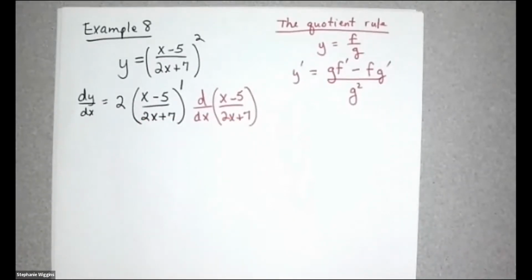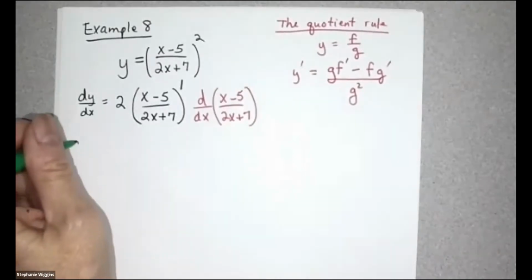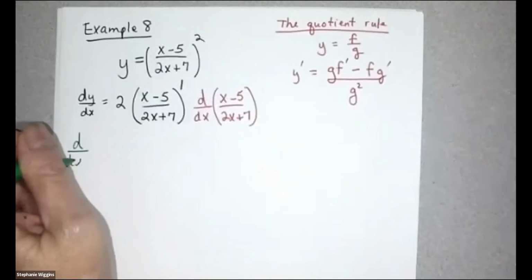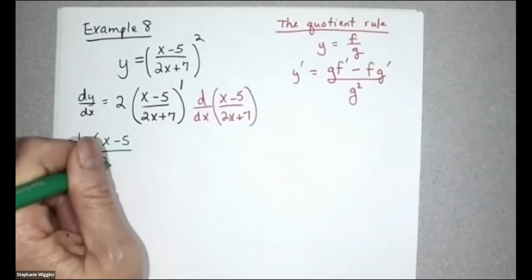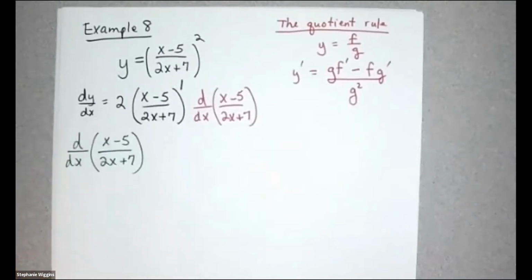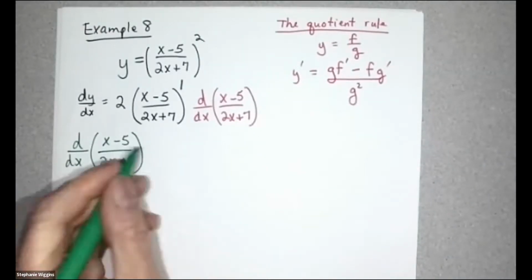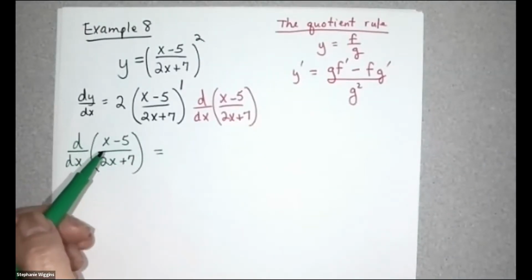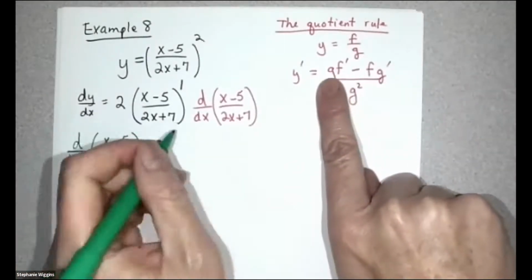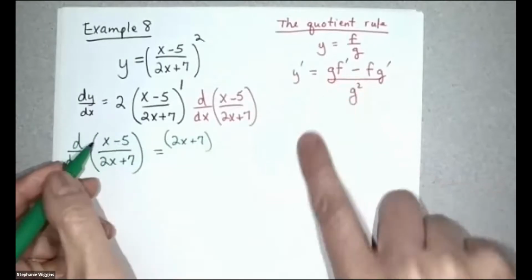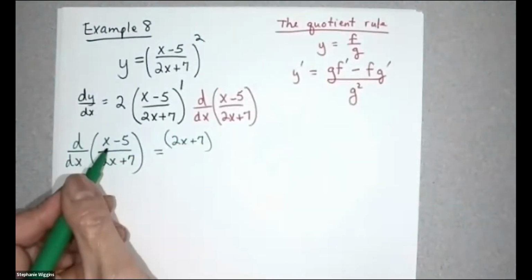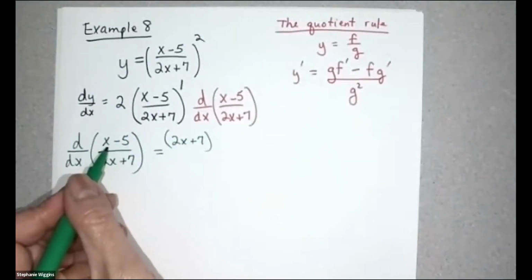So now let's go ahead and calculate this derivative using the quotient rule. So d/dx of x minus 5 divided by 2x plus 7, okay, that is the bottom function times the derivative of the top. The derivative of x minus 5 is just 1, right?